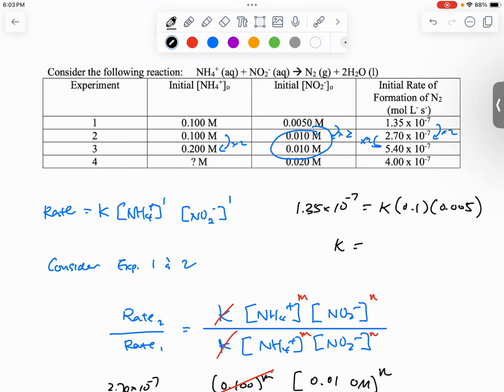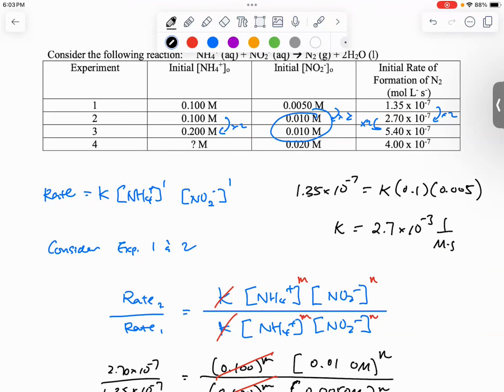You will use a calculator: 1.35 times 10 to the negative 7, divided by 0.1, divided by 0.05. So K is equal to 2.7 times 10 to the negative 3. And the unit is 1 over M·s. All right. And then, overall second order. Overall second order.